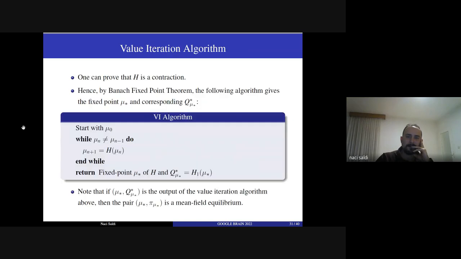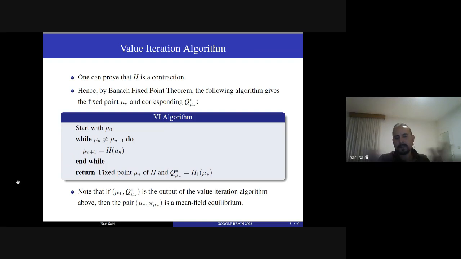Good. So we have this value iteration algorithm, and at the output we have mu star and the Q function corresponding to mu star, and the minimizer of the Q function is denoted by pi mu star, and this pair is indeed the mean field equilibrium.